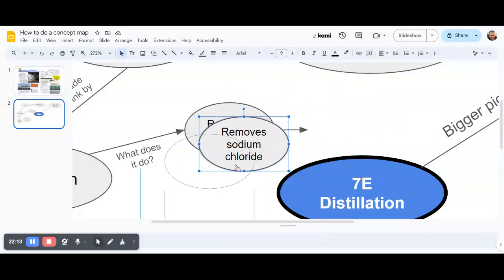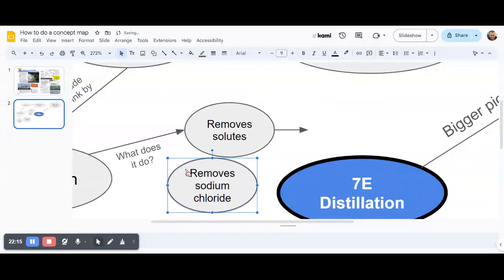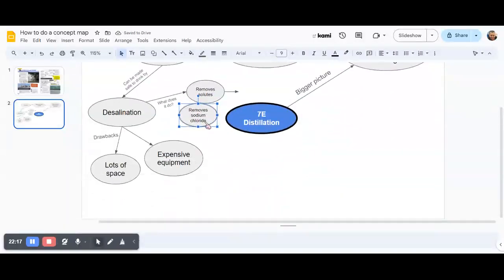Let's have a look. If I zoom out, I could have removed solutes, e.g., sodium chloride. I'll think about the font in a moment, but there could be a reason why, and I could put makes you thirstier.